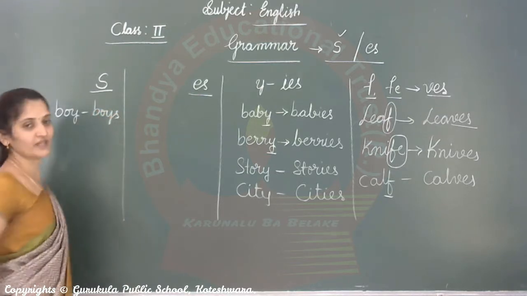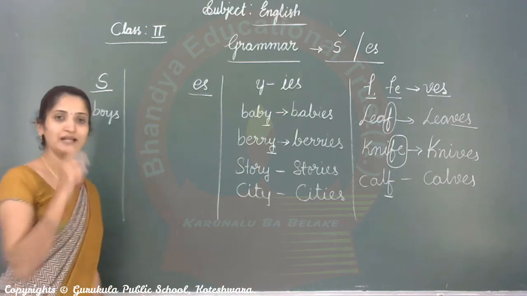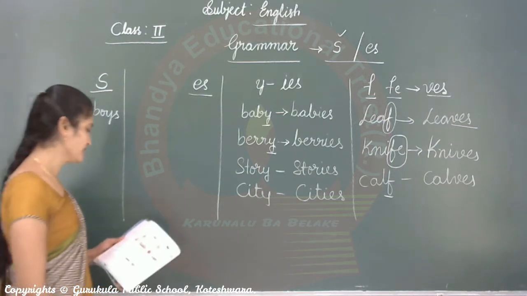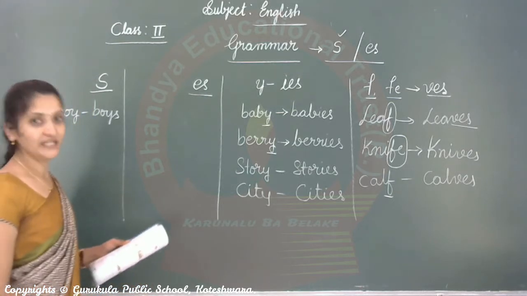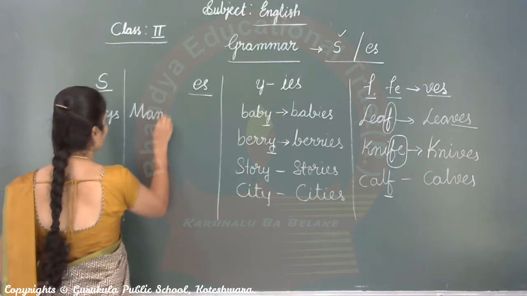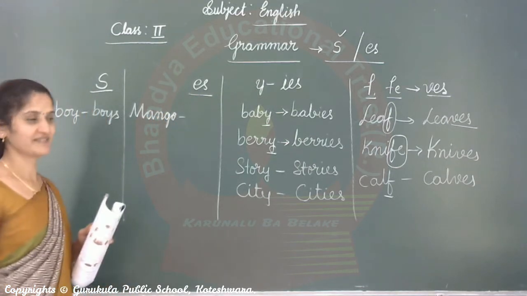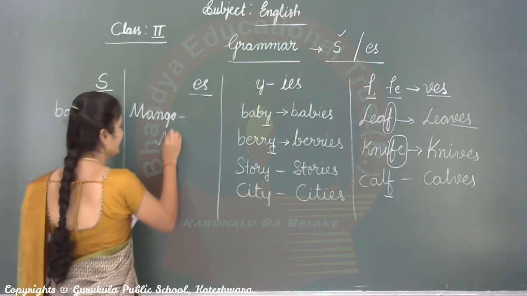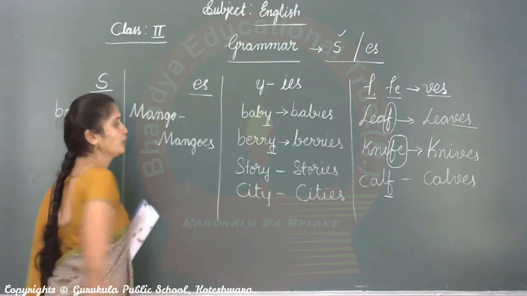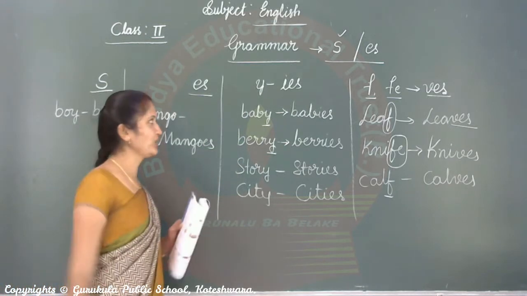Right? Now this is a plural form. This is also we will add to the noun only. But one example for ES. Mango. Yes, you can add ES, right? Mangoes. Mangoes. Right?